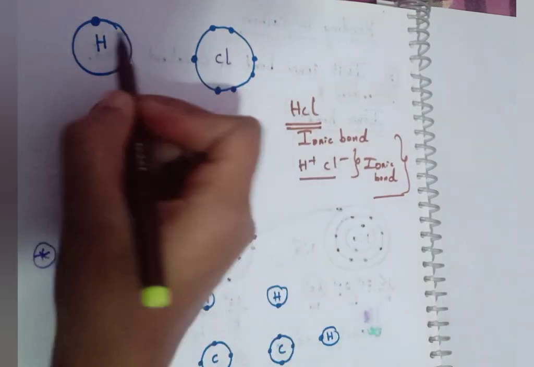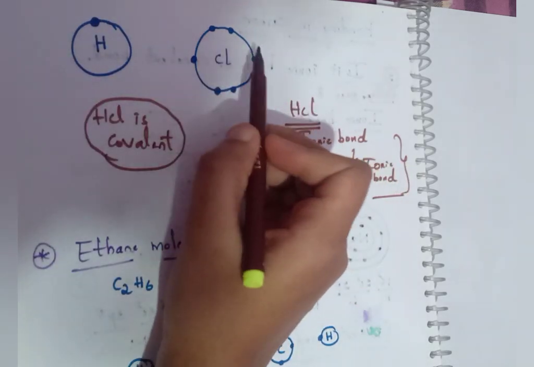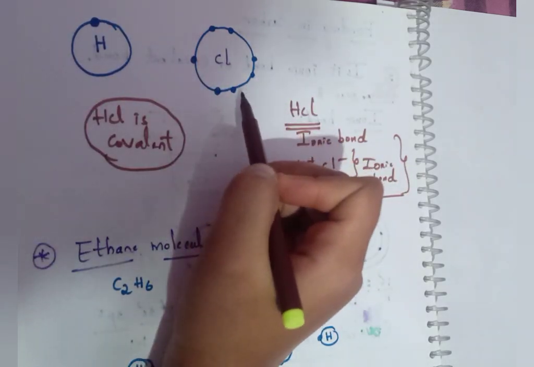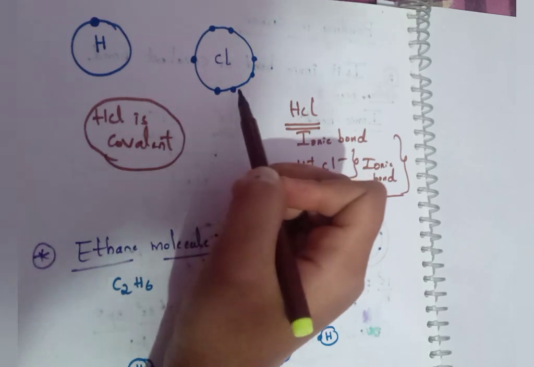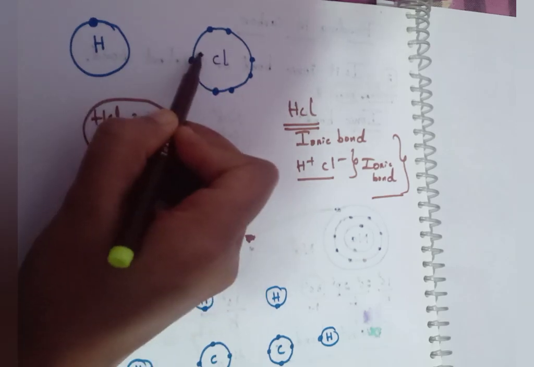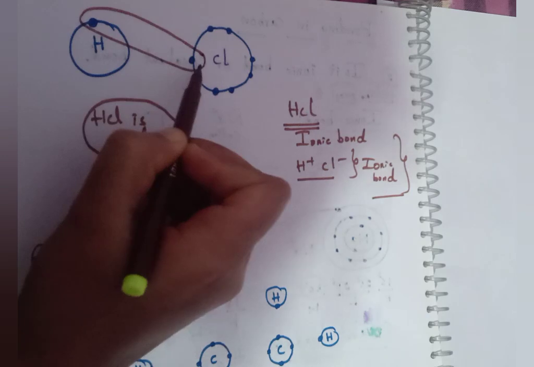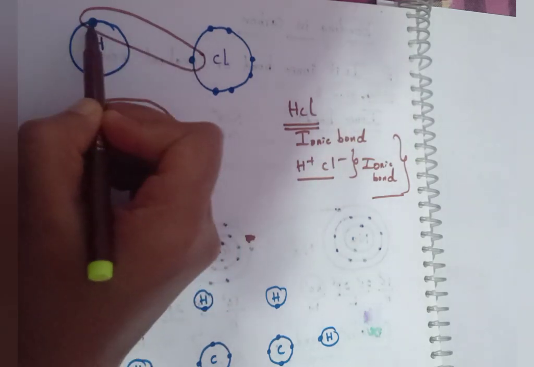So hydrogen is having 1 electron in the outer shell, and this Cl is having 7 electrons in the outer shell. So when H gets one of the electrons from the Cl, it attains noble gas configuration.